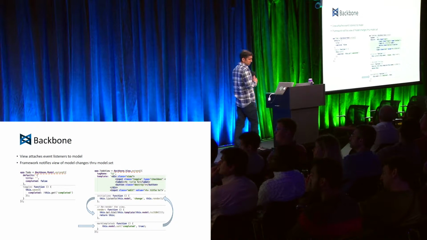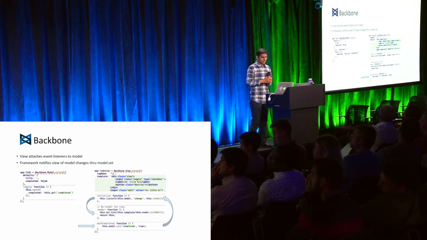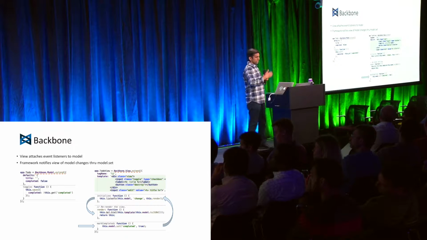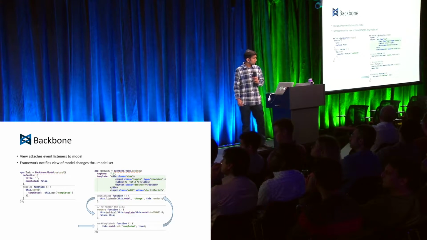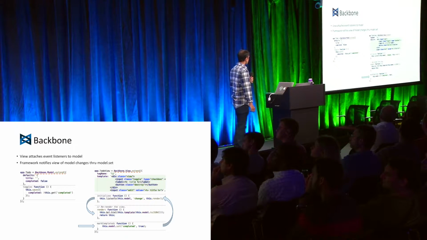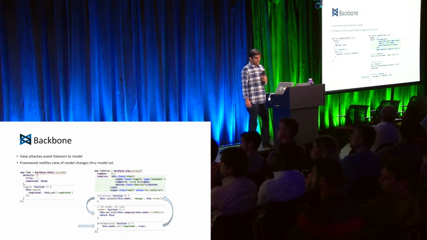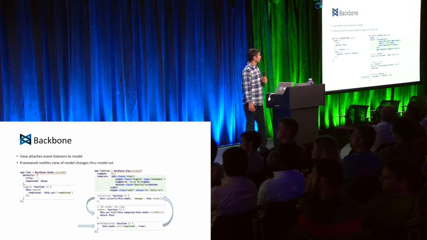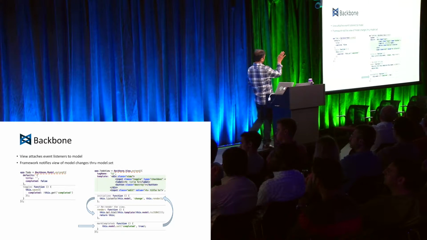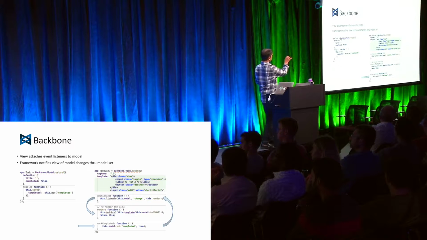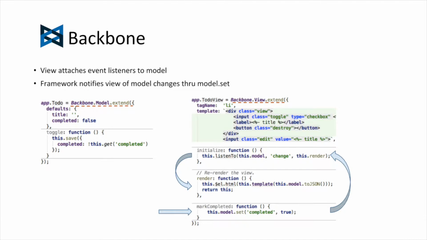If you look at this, you will see that we are attaching event listeners to your model. And then we are calling this.model.set to set a specific property. It's important to see here that you're not able to say model.completed equal to true. You cannot do that in Backbone, simply because Backbone requires you to use the set method.